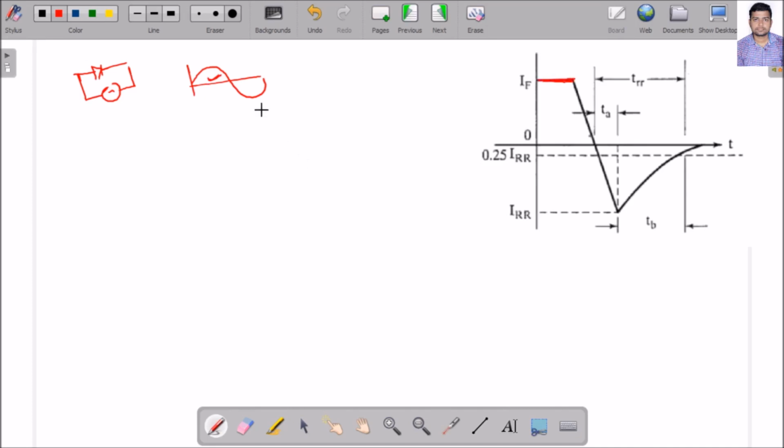When the supply is reversed, the current starts gradually decreasing. After the forward diode current decays to zero, it continues to conduct in the reverse direction due to the stored charge, because when the diode was conducting previously, it had some stored charge in the outer layer and also in the depletion region.